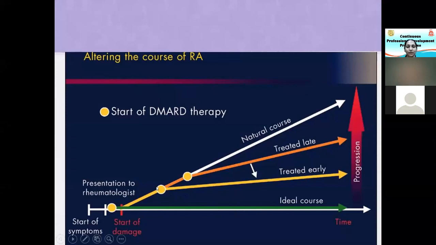But if the presentation is late and you start the disease modifying drugs later, you will see that there is some damage occurring, but still you have to appreciate here that even late, the initiation of disease modifying drugs will reduce the damage accumulated in the joints as opposed to the natural course of the disease without any drugs.